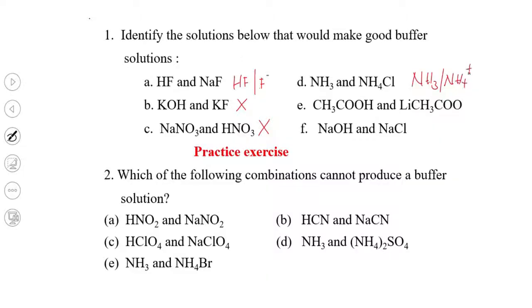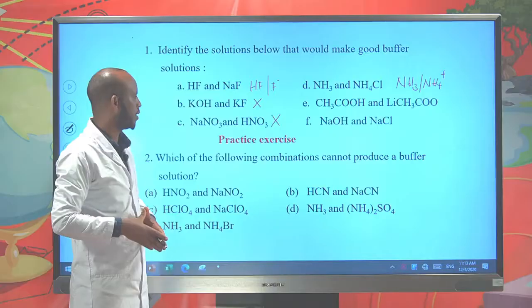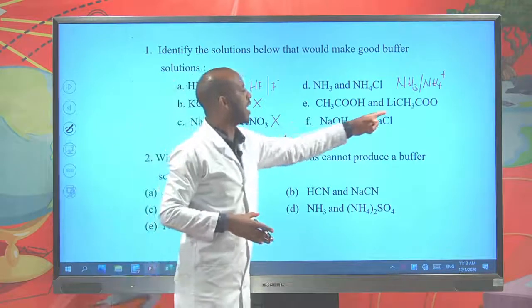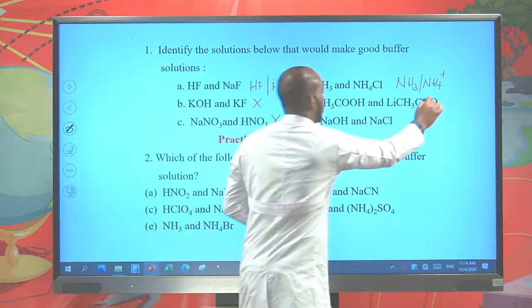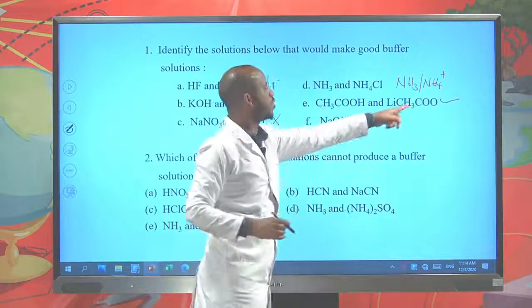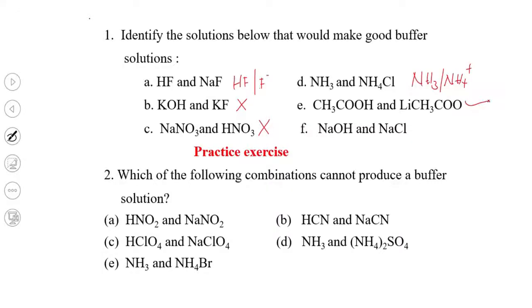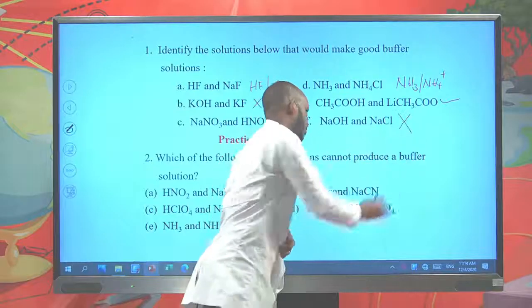Chloride ion is the spectator ion, it has no effect on the pH of the solution. Acetic acid and lithium acetate is a buffer solution: weak acid and its conjugate base acetate. Sodium hydroxide and sodium chloride, this is not a buffer solution.